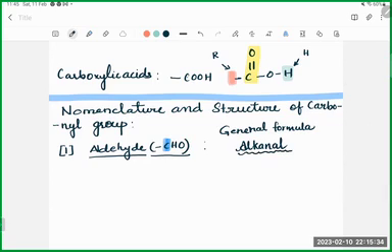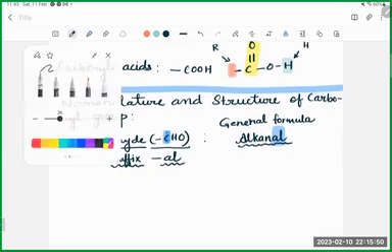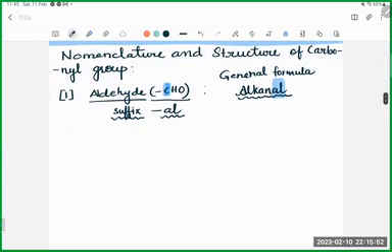Alkanal. So AL is the suffix. What is AL here? It is a suffix. Are you clear? Yes, ma'am. Good. So let's begin the rules. The first step is numbering.